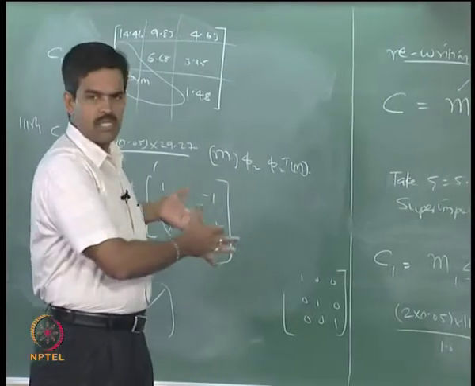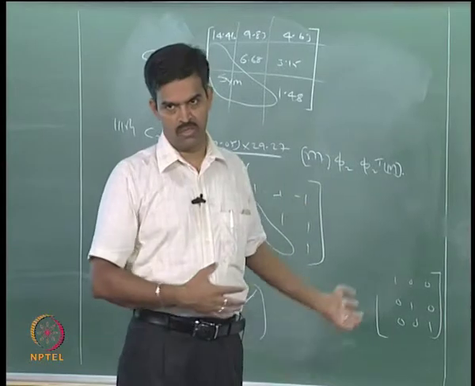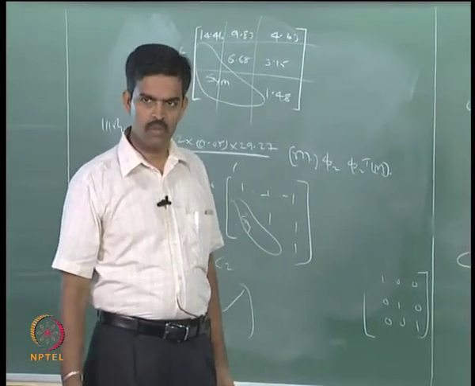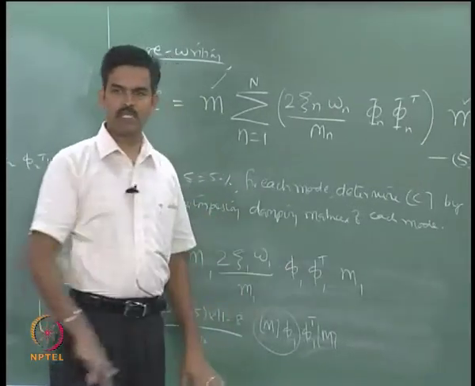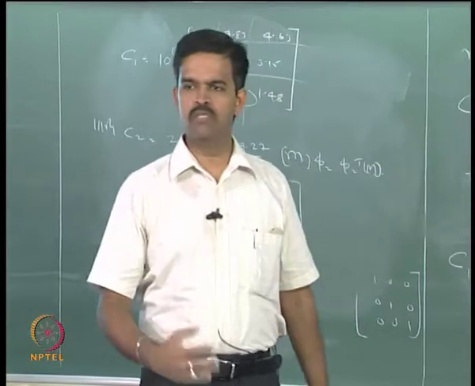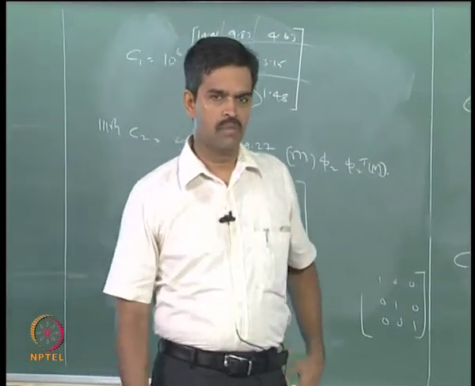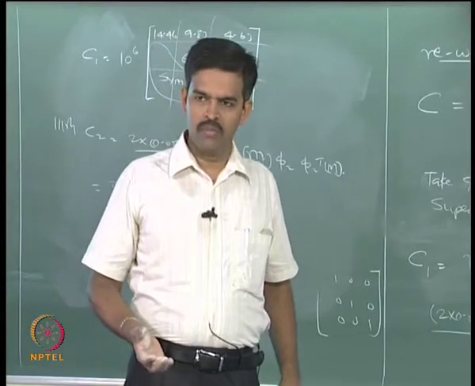So, this has been practiced commonly and many of the international codes advise you to find C based on this. There are limitations, whether the modes are, whether the frequencies are widely spaced, whether they are closely spaced, there are many arguments. We will talk about all these things in the third module later. Okay. If I got omega 1, omega 2 very close to each other, how do you handle them? Okay.